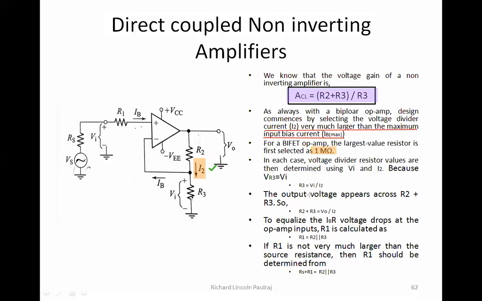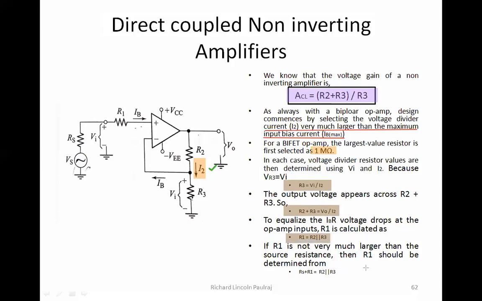Please make a note of all these formulas, because we will be using them in problems. We will be solving one or two problems today, and we will be designing an op-amp.